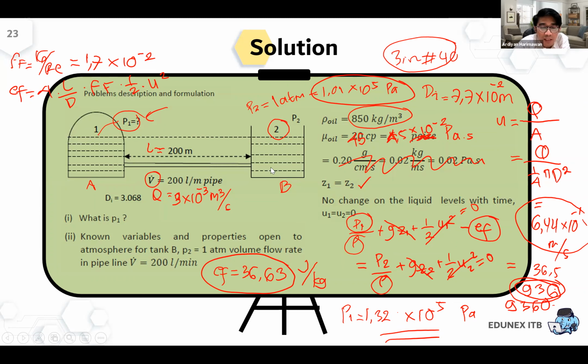If you are doing the exam later, the figure maybe won't be given to you. So you need to draw the diagram of the phenomena by yourself. And then from these figures, it will help you to understand the problems. It will help you see what you need to calculate first.